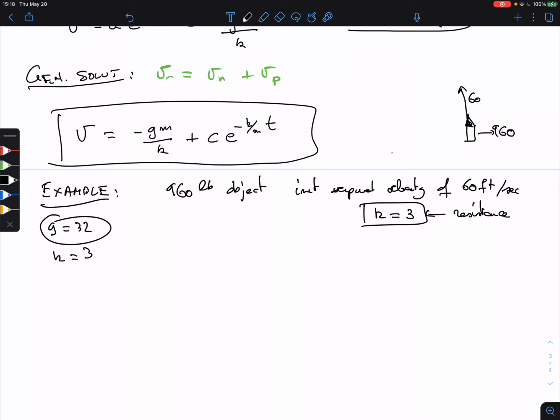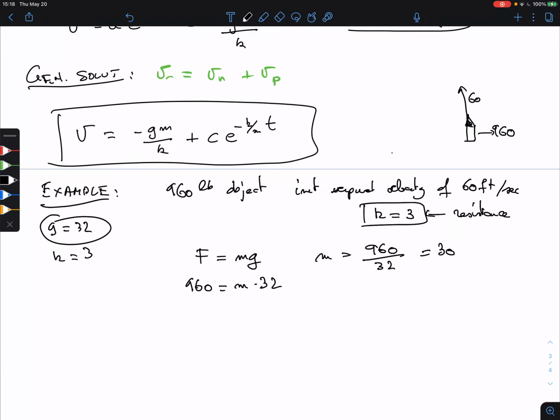Weight is what the gravity of Earth pushes your mass down onto the scale with. Okay, so F is m g. And the weight is actually a force. 960 is m times g, which is 32. So your mass is actually 960 divided by 32, which is 30.